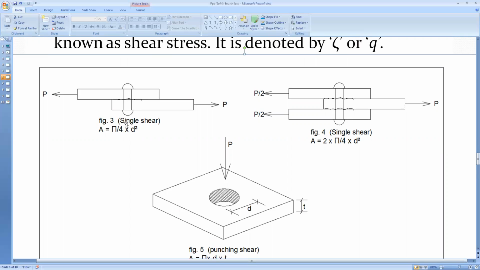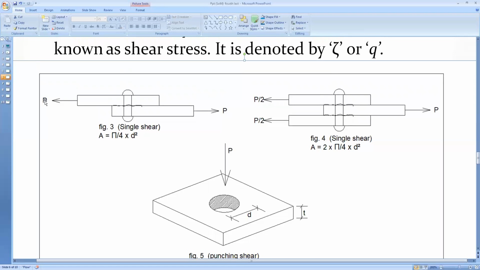Here the shear area, the cut area, is equal to the cross-section area of the rivet, not the plate. P acts as an active as well as a reactive force, and at that time the cutting happens along the shear plane.